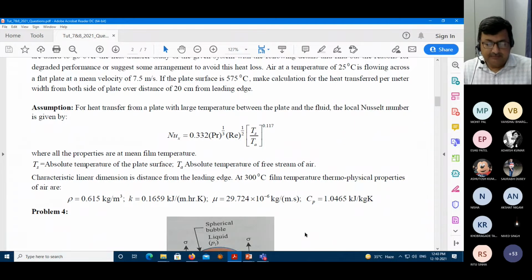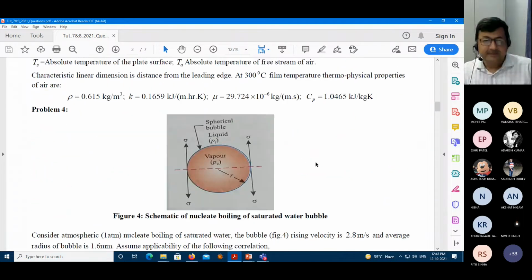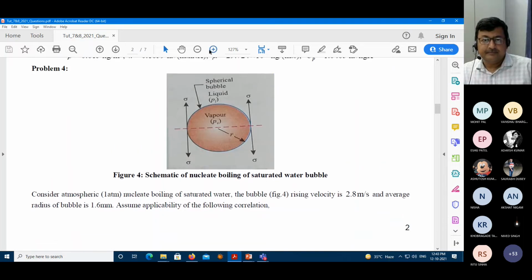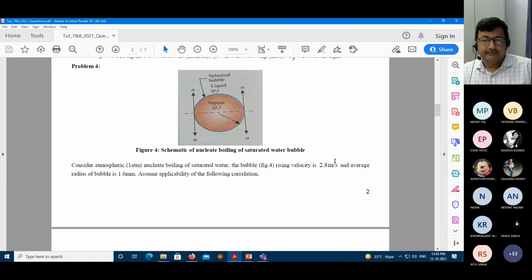Anyways, leave it. Next one. It's a very interesting problem. So Noel, can you read this one? Yes, sir. Consider atmospheric nucleate boiling of saturated water. The bubble rising velocity is 2.8 meter per second and average radius of the bubble is 1.6 millimeter.